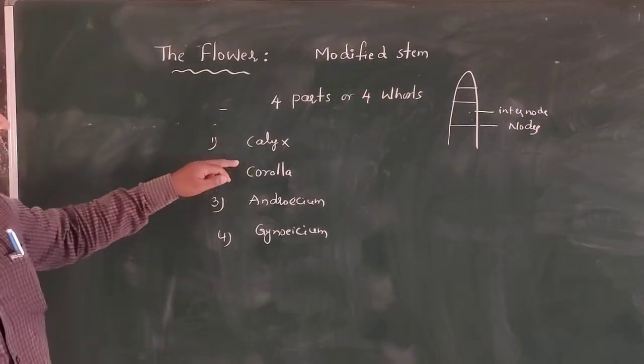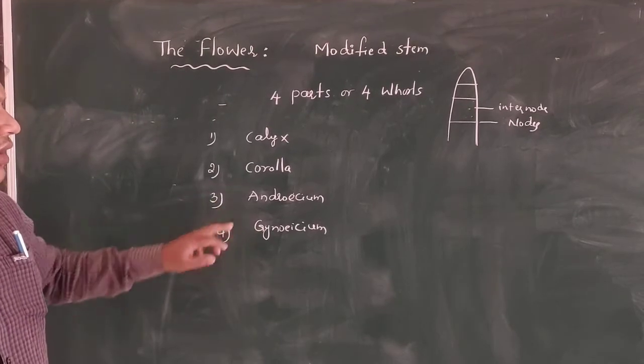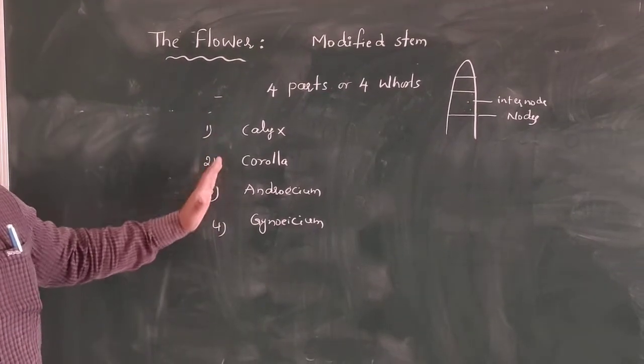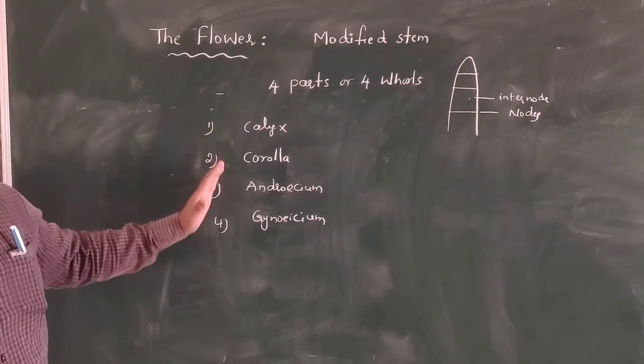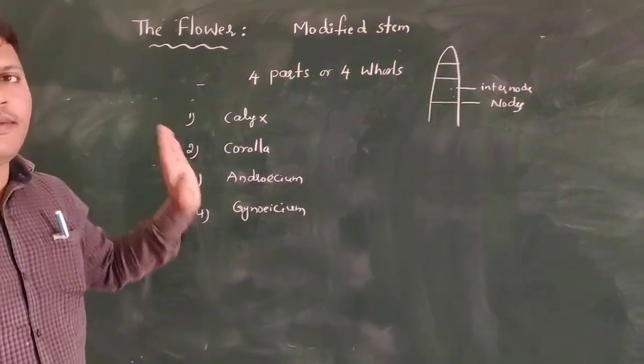So calyx, corolla, androecium, gynoecium: these are the 4 whorls or 4 parts mainly present in the flower.